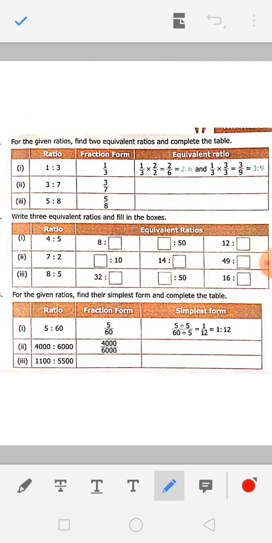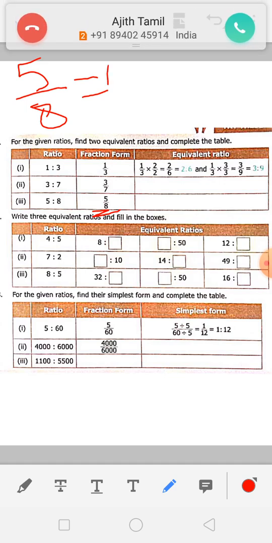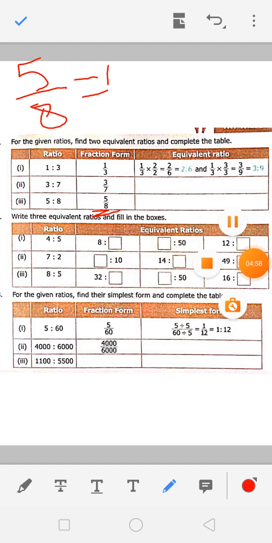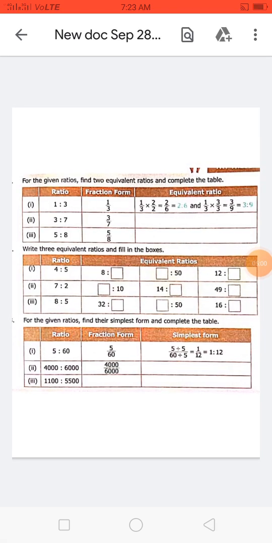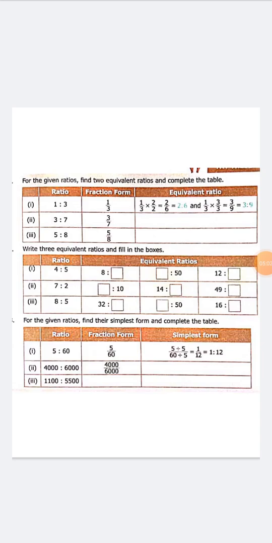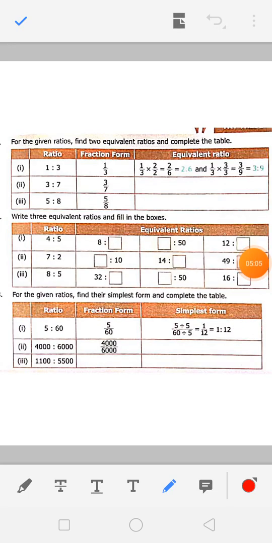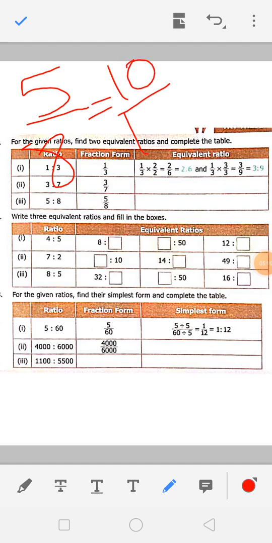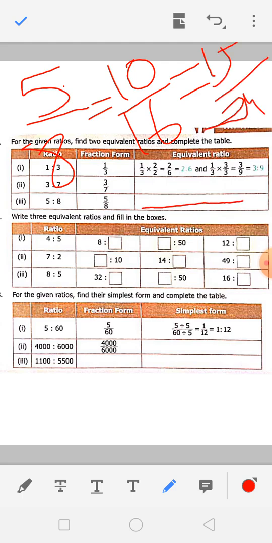And then the third one is 5 by 8. 5 2s are 10, divided by 8 2s are 16. And the 3 table: 5 3s are 15 divided by 8 3s are 24. So you have to write the answer here.